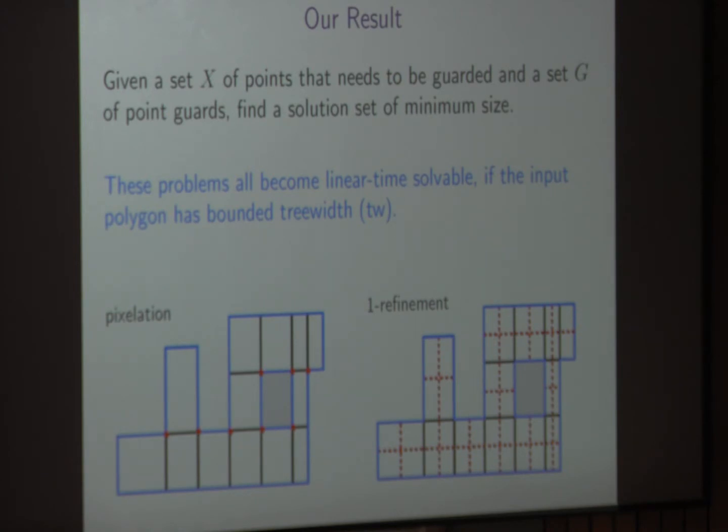So that's how we define a bounded Treewidth polygon. Okay? So it's kind of a new class of polygons. And we show that we can solve all these guarding problems on this type of polygons.